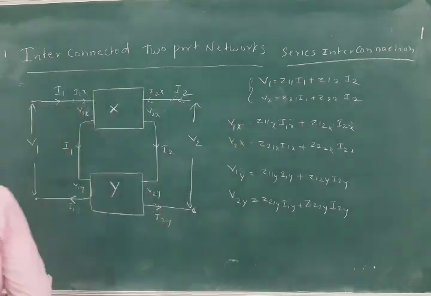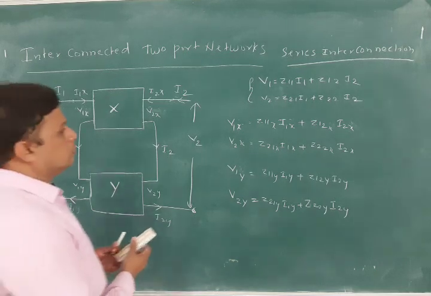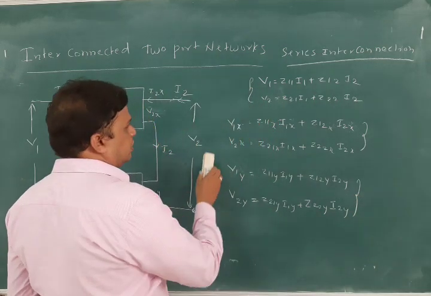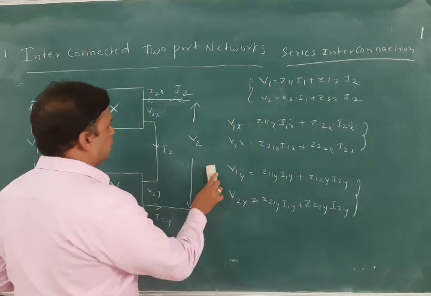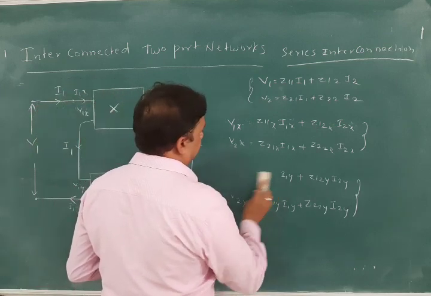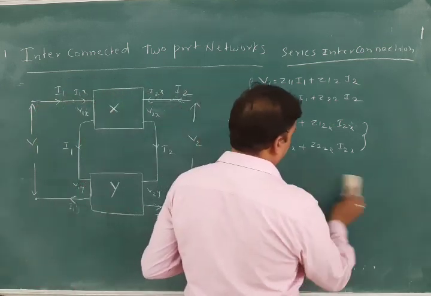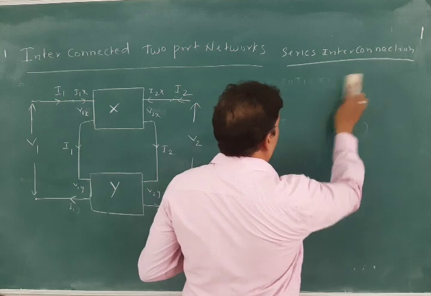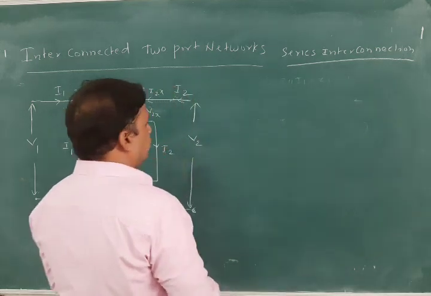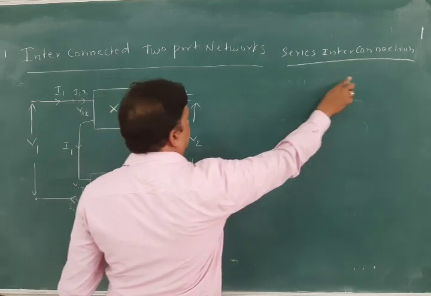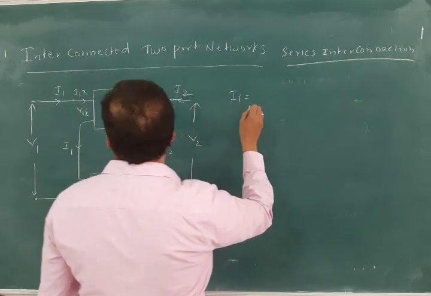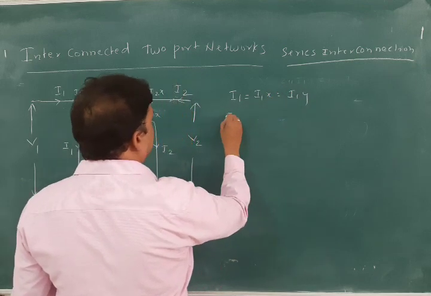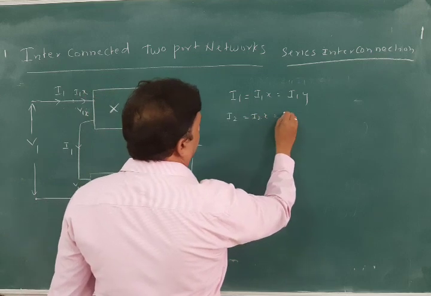These equations are written here, and we will write the current equation. The equation of the current is I1 is equal to I1x is equal to I1y, and I2 is equal to I2x is equal to I2y.